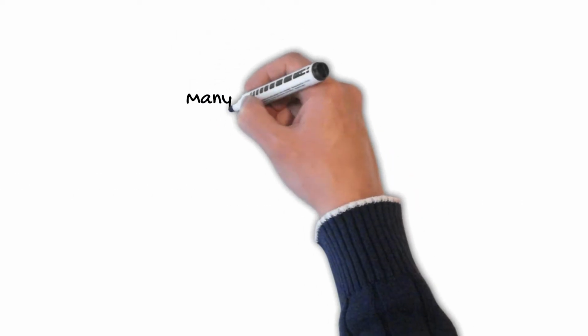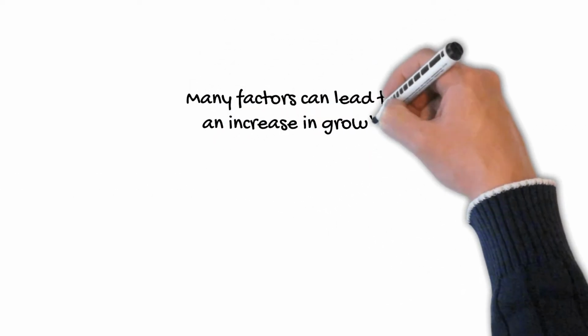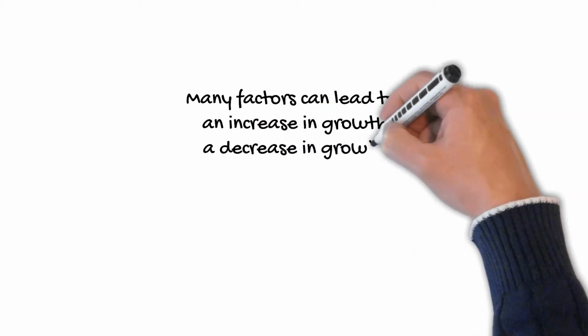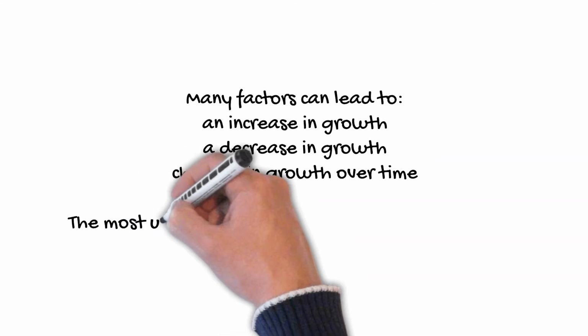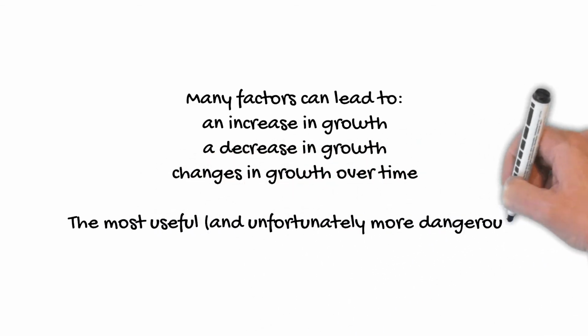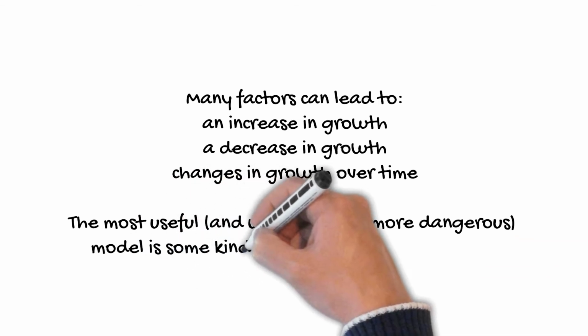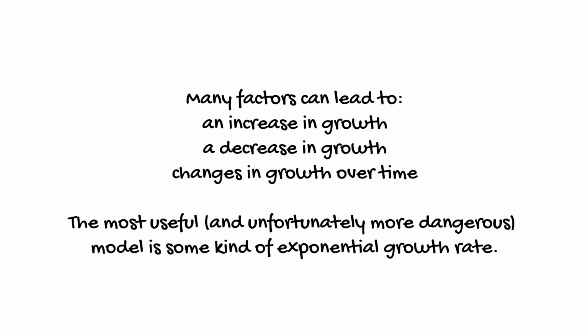Of course, in reality, growth is not as simple. And quite often, there are complex factors which lead to increase in growth, decrease in growth, changes in growth over time. The model that's of most interest, because in some ways it's perhaps the most dangerous in terms of, say, the current pandemic, is some kind of a more exponential growth rate.